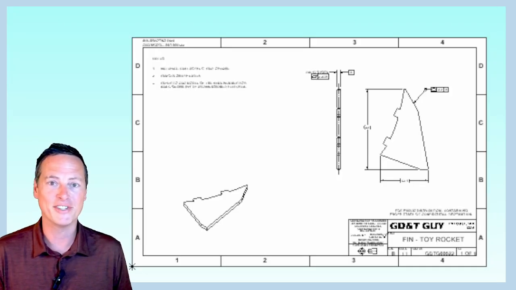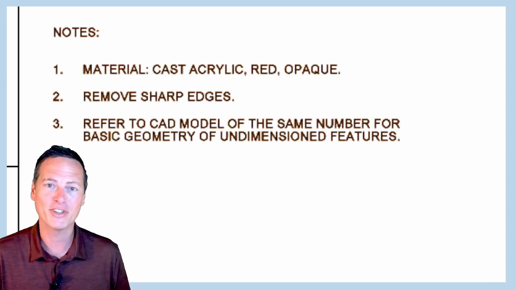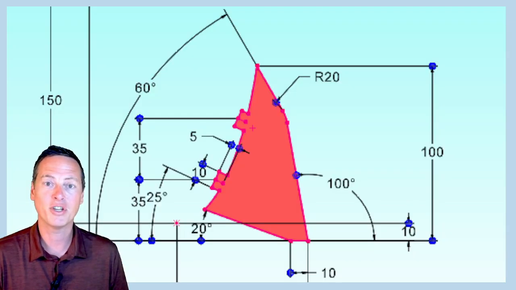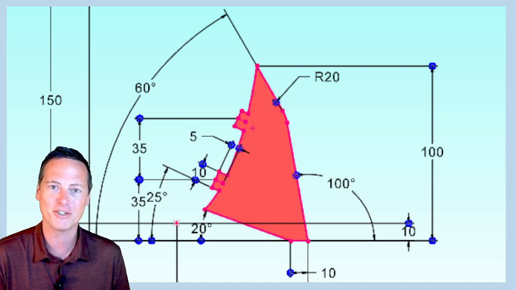And by no means is it limited to simple rectangles. This is GD&T 00522. We might be able to use just a few words and symbols, backed up in this case by the CAD model, as you can see in General Note 3 here, to communicate a great deal about the requirements of a complex geometry.